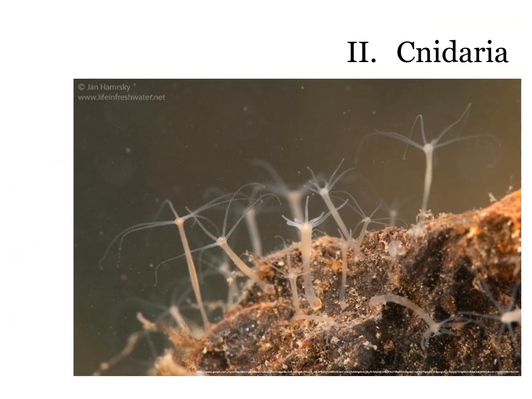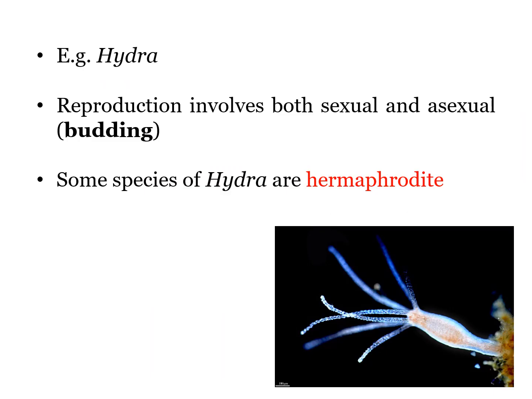Alright, let's move on to the next group, which is Cnidaria. Examples of animals under this phylum are jellyfish and hydra. For today's topic, we are going to look at the sexual reproduction of hydra.